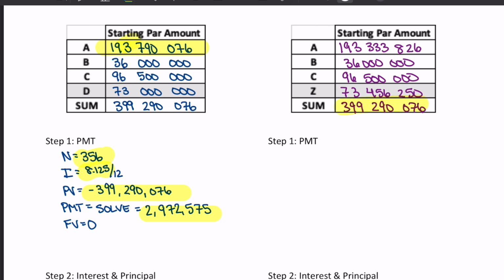These ending balances are, again, the exact same number. The A ending balance went down by the 456,000 and the Z ending balance went up by 456,000. So those two just cancel each other out, and the ending sums are exactly the same. So in terms of the payment, there is no change.